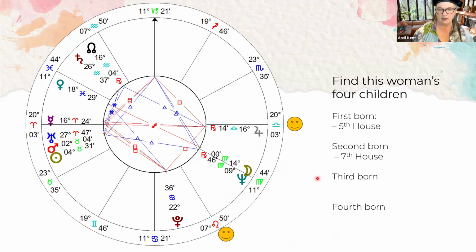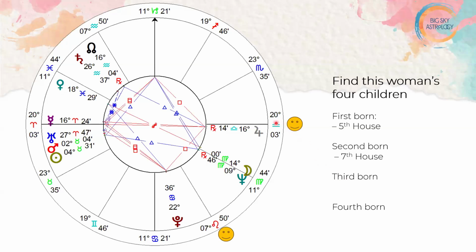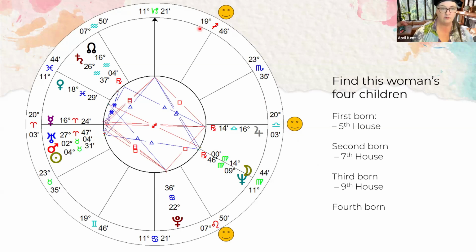There we go. And the third born. 9. 1, 2, 3, 9. And the fourth born. 1, 2. 11. Yep. Okay.